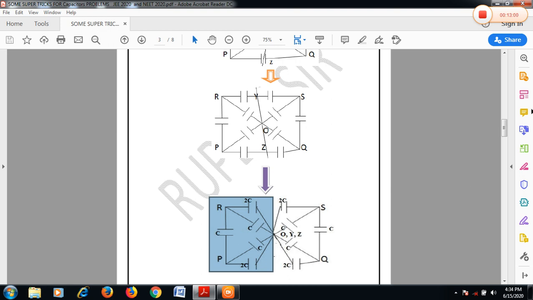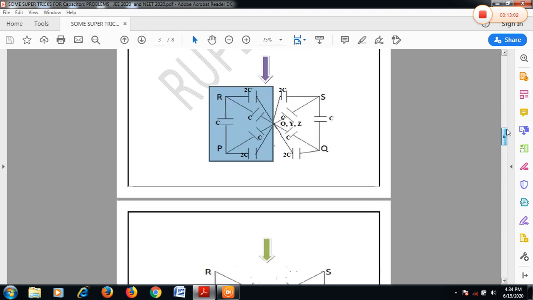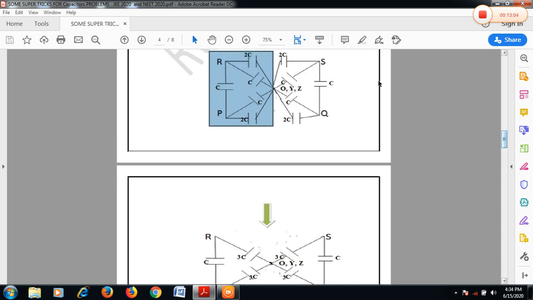Okay students, so we have these 2C and C in parallel combination, and also these 2C and C capacitors are in parallel combination.